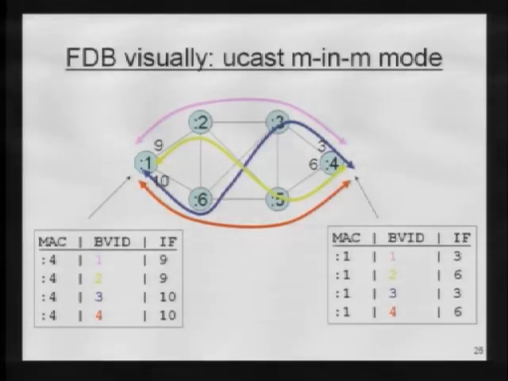So visually, this is an example of what the unicast forwarding table would look like. Here we have 4 equal cost shortest paths: the purple, the yellow, the blue, and the red. And the node on the left, 1, has four entries in its forwarding table, each one distinguished by B-VID.